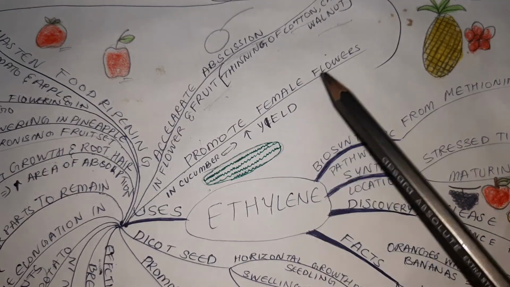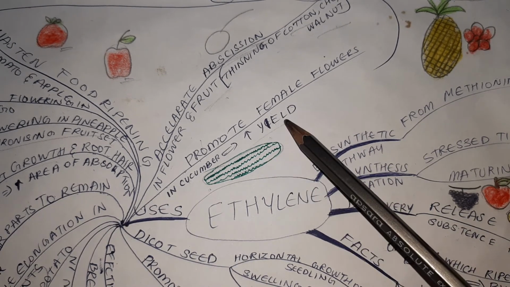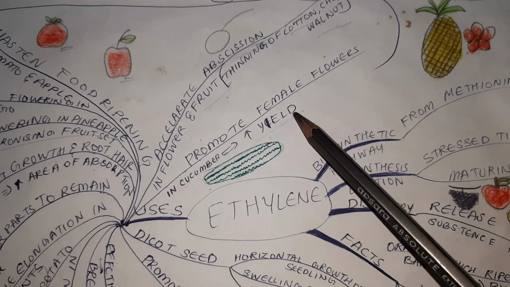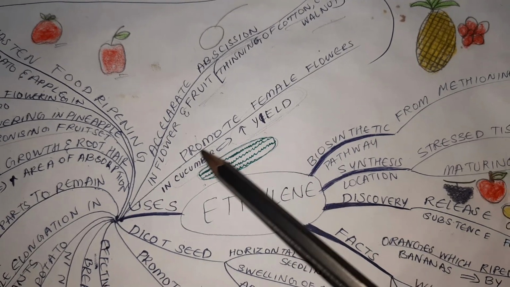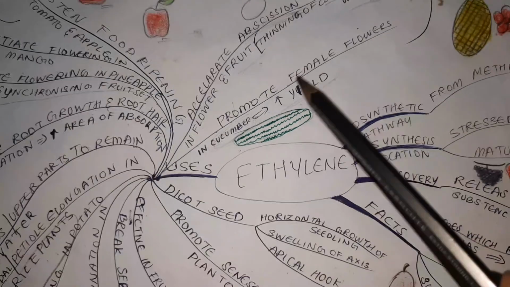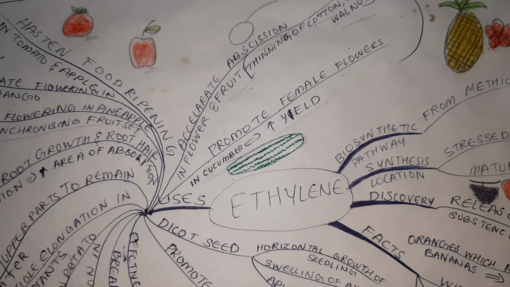It promotes female flowers in cucumber. Female flowers mean more yield. Female flowers produce seeds. So more yield is observed in the form of cucumbers. Female flowers are produced with the help of ethophone.